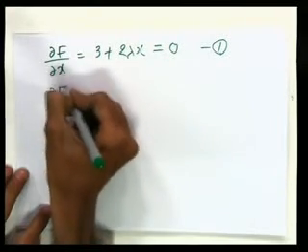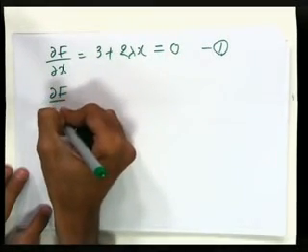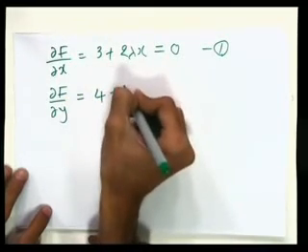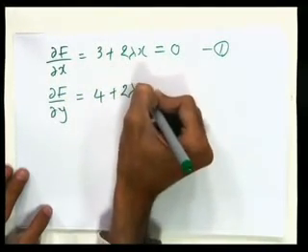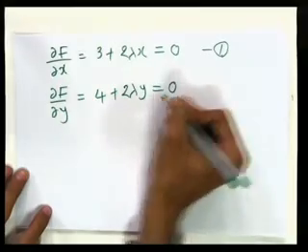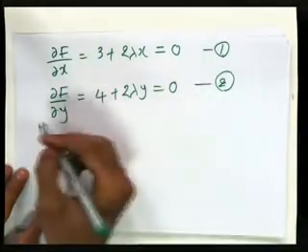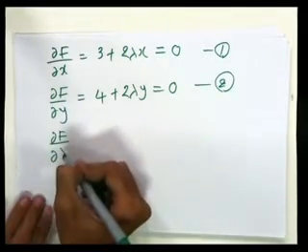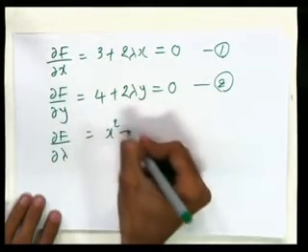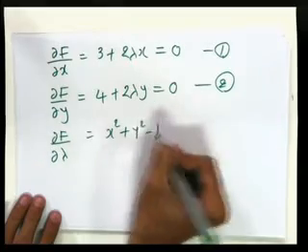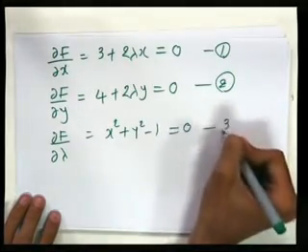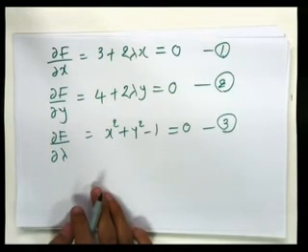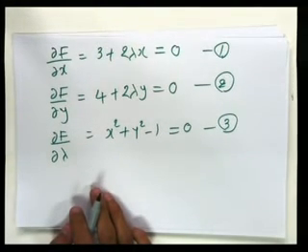Then del F by del y is equal to 4 plus 2 lambda y equal to 0, which is our second equation. And then del F by del lambda is nothing but our g(x,y), x squared plus y squared minus 1 equal to 0. This is our third equation. Using these three equations, we need to find the values of x and y.